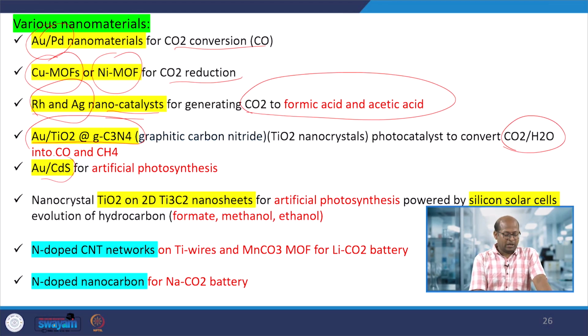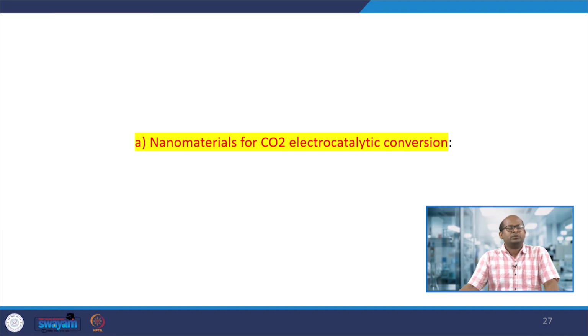Gold CdS can also be used for artificial photosynthesis reactions, and there are so many other materials available. Different materials can be used for a specific reaction, whether thermocatalytic or photocatalytic. So depending upon the specific reaction, we can prepare the material and apply it for that particular reaction.